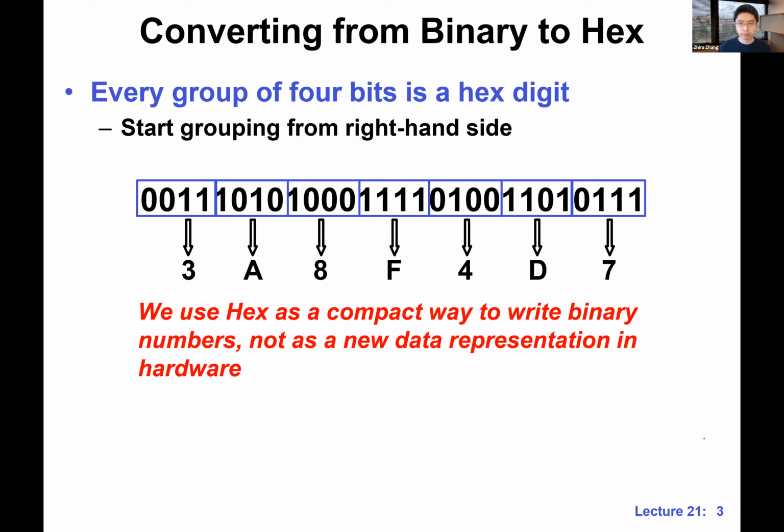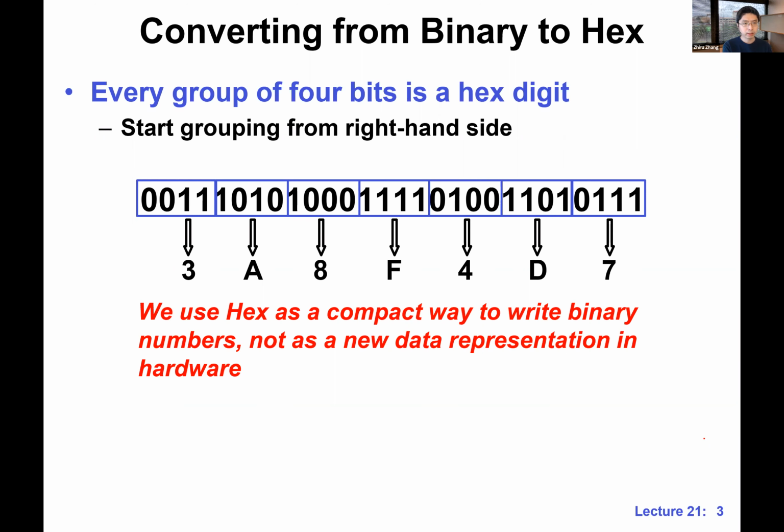That's the use case. In homework 7, there's a problem where I ask you to look at a sequence of memory addresses using hex numbers. That's where you need to convert the hex into the binary string first before you proceed. Any questions about hex?